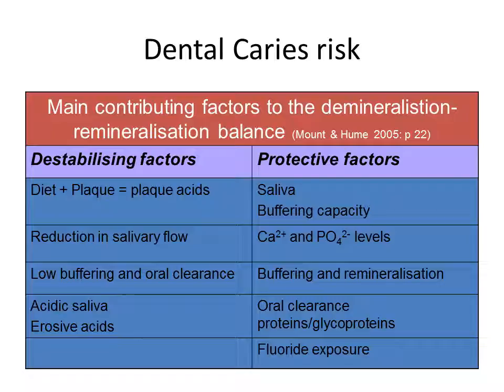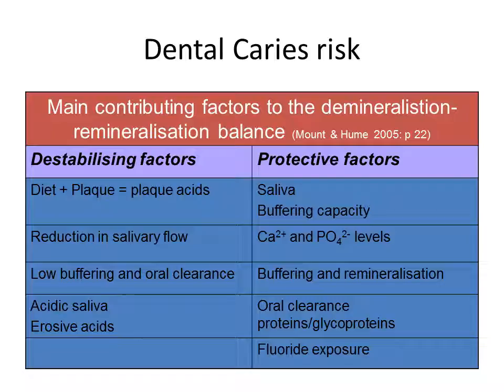We can also look carefully at the buffering capacity. So there are very simple tests that have been developed that look at the buffering systems, the 3 buffering systems within saliva, to determine the quality of the saliva. We can also look at things like fluoride exposure, for example.